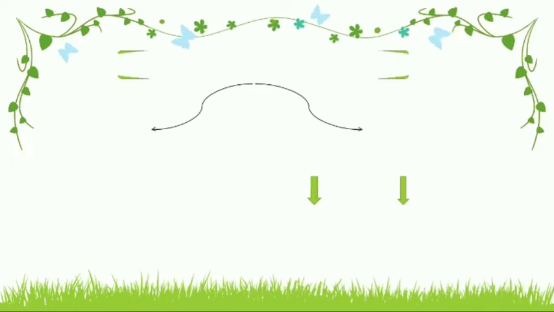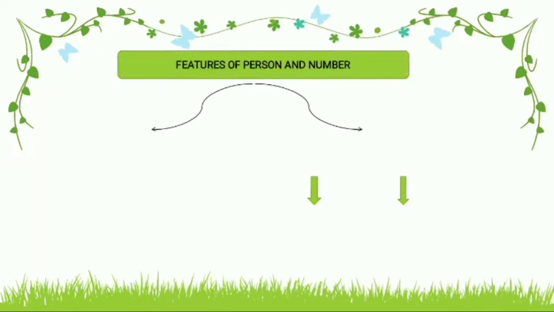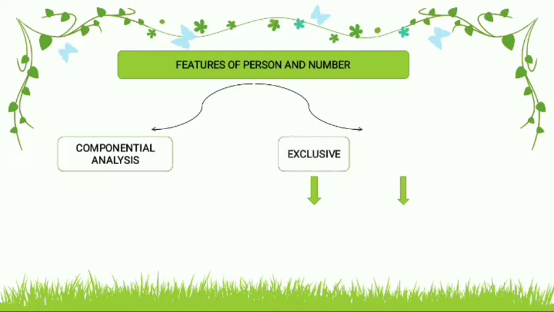Okay, next, about features of person and number. There is componential analysis. It means that we are analyzing the components of the meaning. And then there are also exclusive and inclusive.